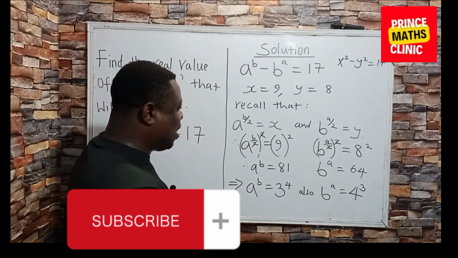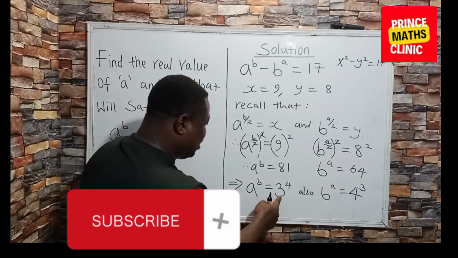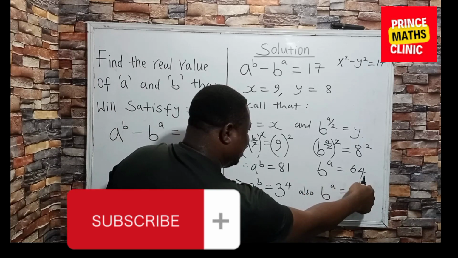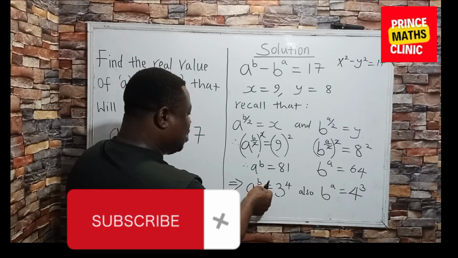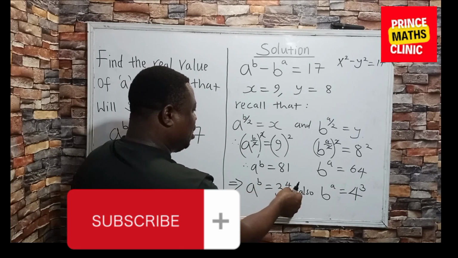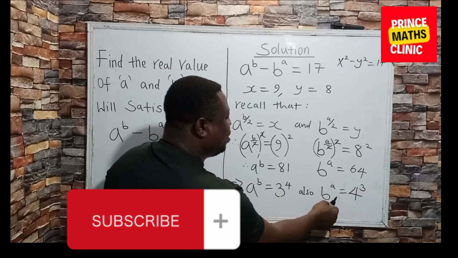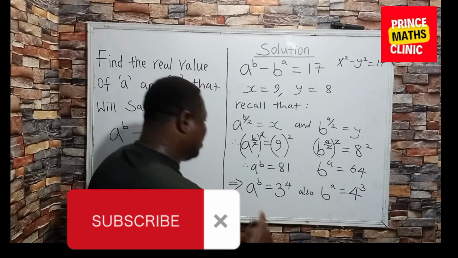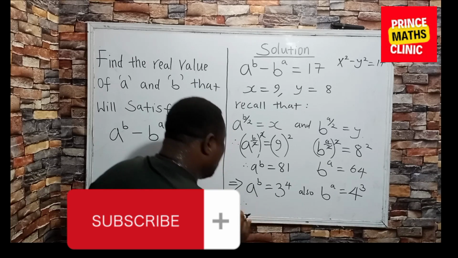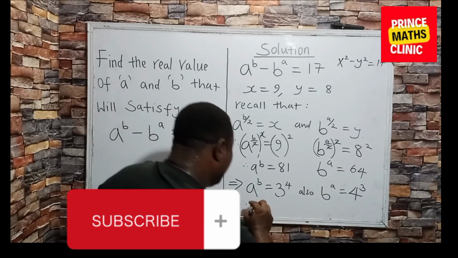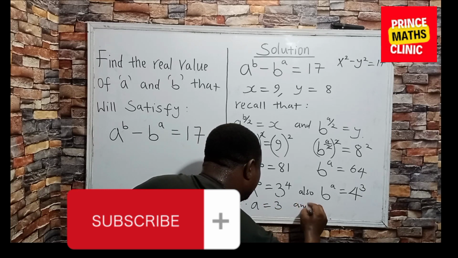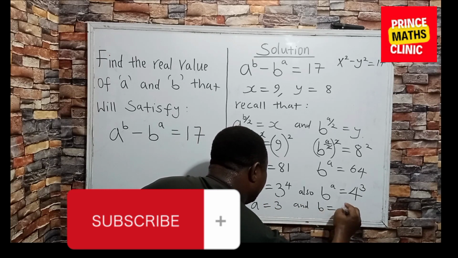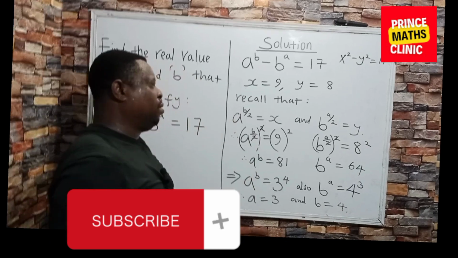So look at it now. A is 3, the power here, A is 3. Look at the base here. B, the power here, B is 4, and the base here, B is 4. Therefore, we can conclude by comparing both of them that my A is 3 and my B equals 4.